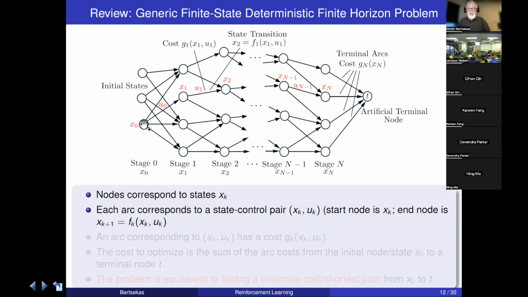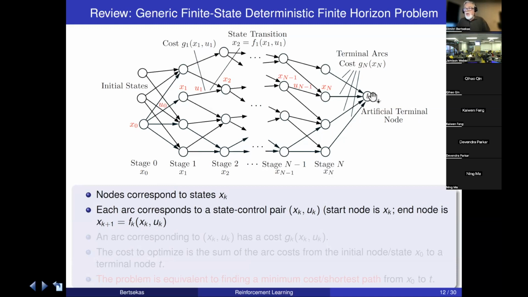So here at x0, you apply u0. This corresponds to this arc here, and you end up on a corresponding state x1. At x1, you apply u1, and that's represented by an arc that takes you to x2. And all the controls available at a given state correspond to the outgoing arcs, and so on.